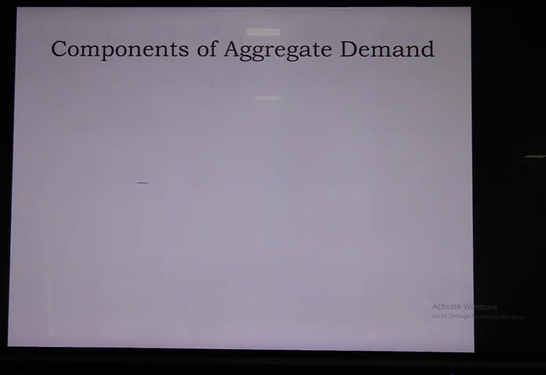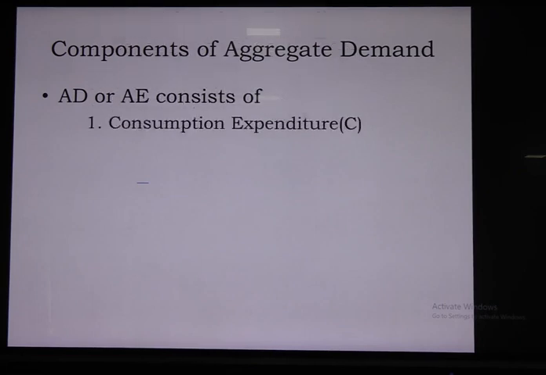The components of aggregate demand. Aggregate demand or aggregate expenditure consists of two components. The first component is consumption expenditure. The total goods produced by a country in a two-sector model are demanded by two groups.